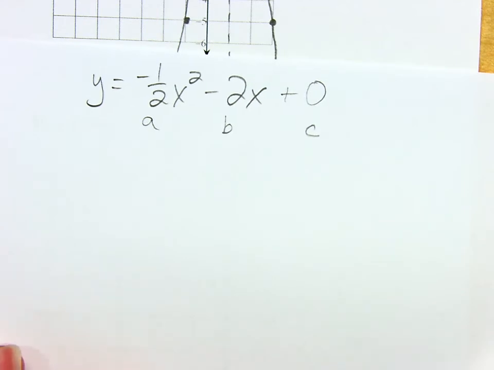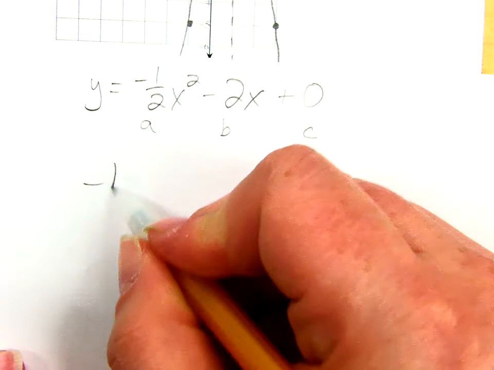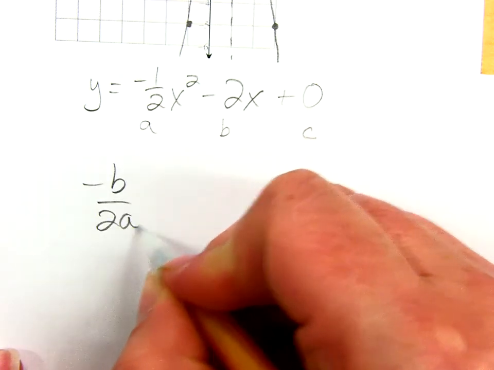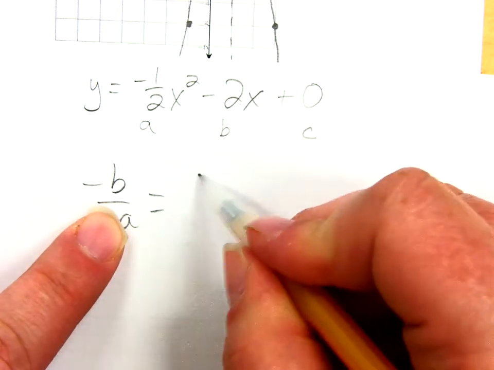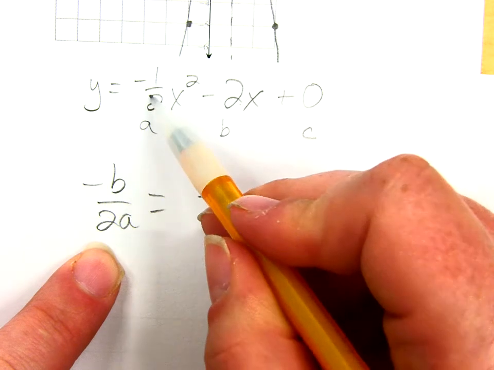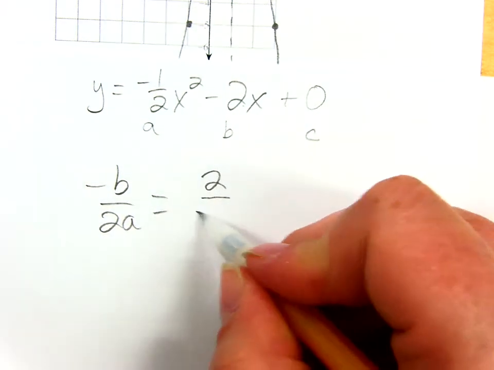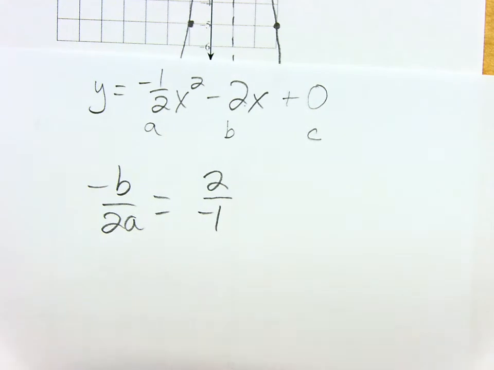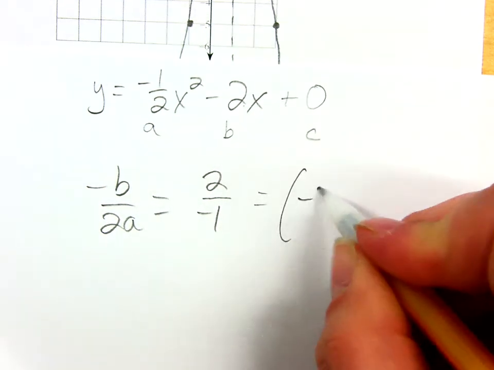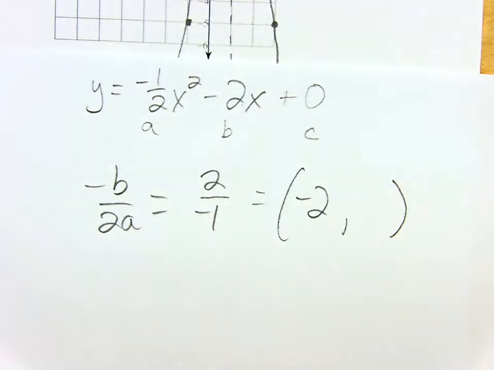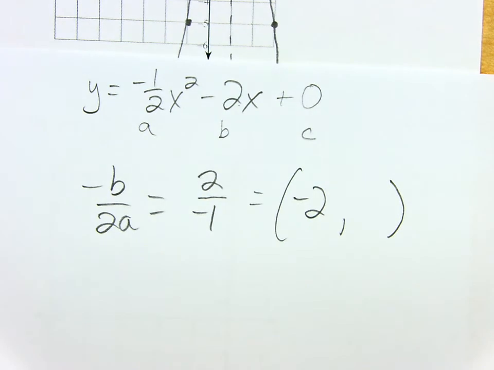All right, so when I go to do negative B over 2A, negative B is now going to be a positive 2, and then what's 2 times negative 1/2? Negative 1. So I just get 2 divided by negative 1, which is negative 2. So my vertex will be at negative 2 comma something.